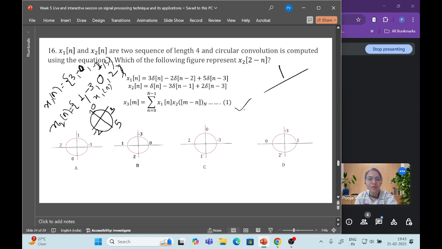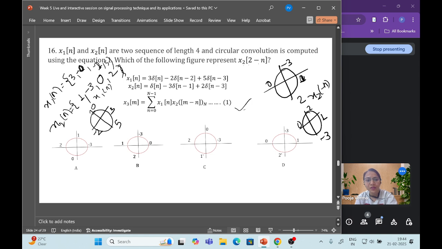Now for x2(n), what will be the value? That is 1, then minus 3, 0, 2. Now again we need to plot x of minus n. The next step is plotting minus n. So just reverse it, that is 1, minus 3, 0, 2.